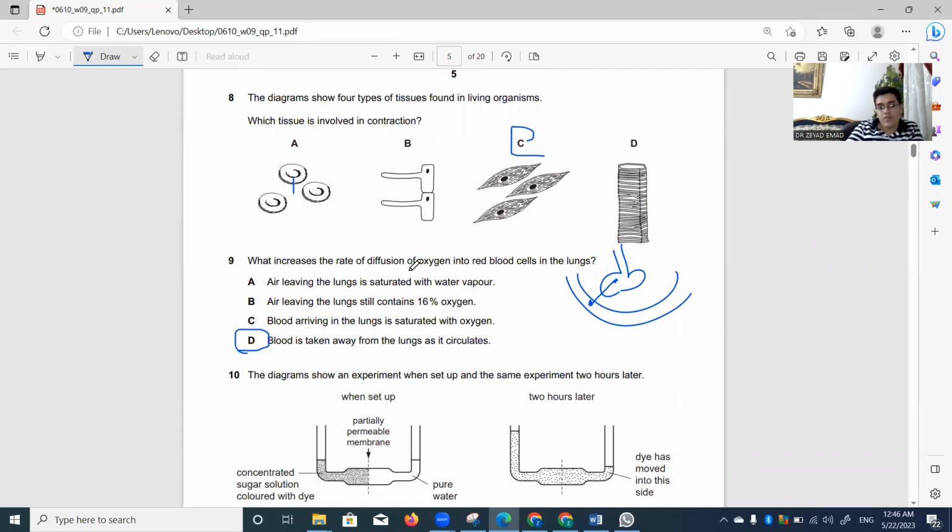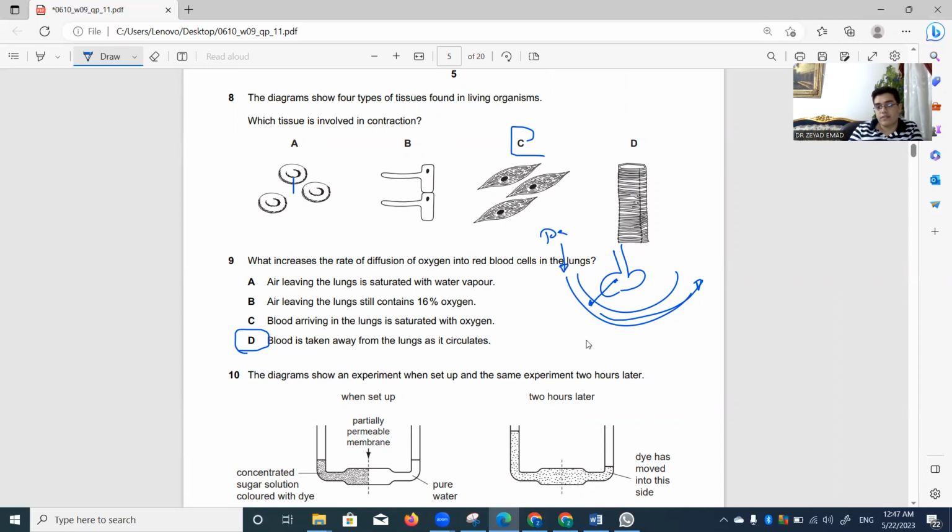What increases the rate of diffusion of oxygen into red blood cells in the lung? The answer is D. Why? Blood is taken away from the lung as it circulates. So as the blood moves away, another blood comes here as deoxygenated blood.